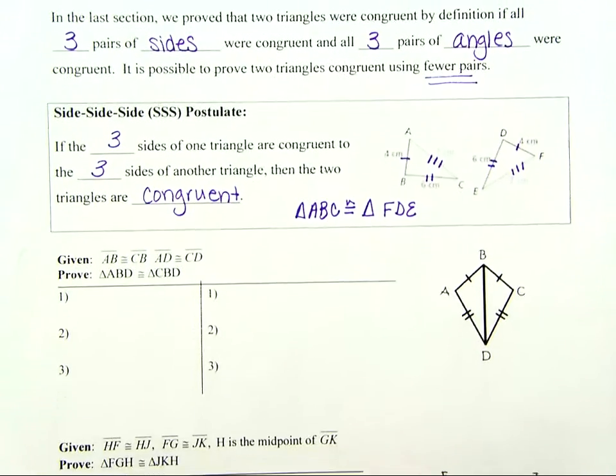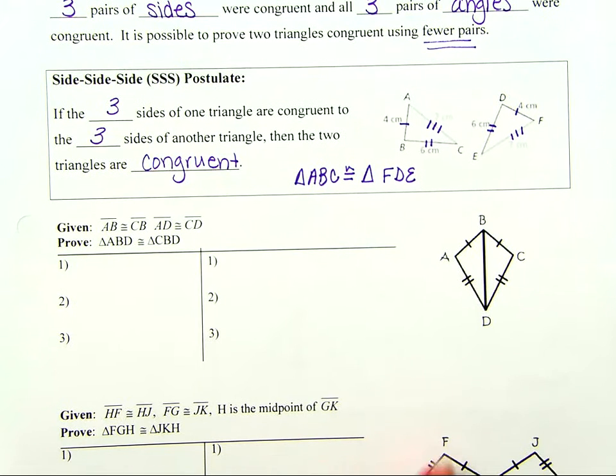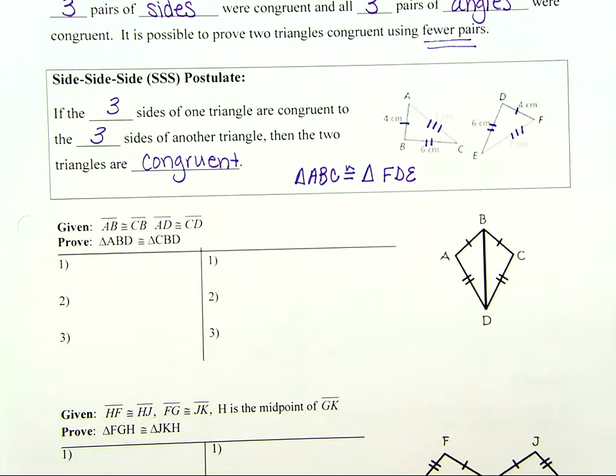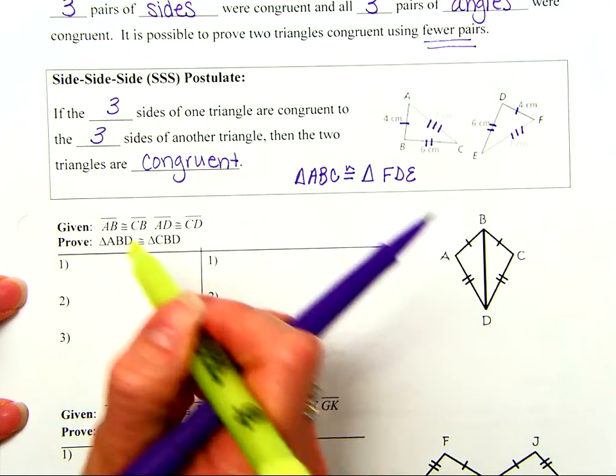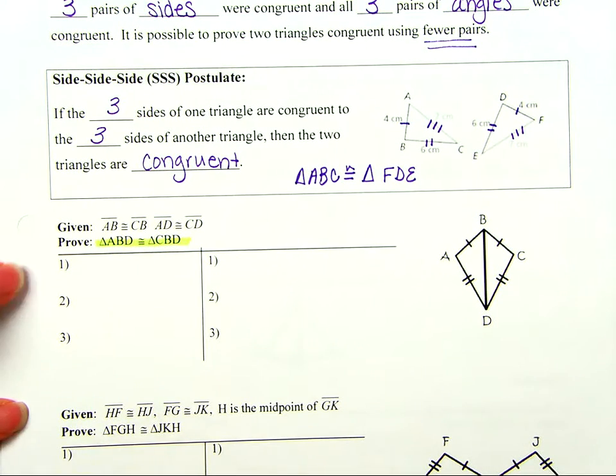When we go to write a proof for congruent triangles, now that we can use shortcuts, our proofs are actually going to become much shorter. We aren't going to have as many steps. So as you take a look at the proof underneath, we are trying to prove that triangle ABD is congruent to triangle CBD.